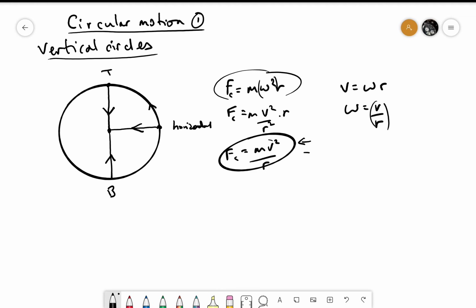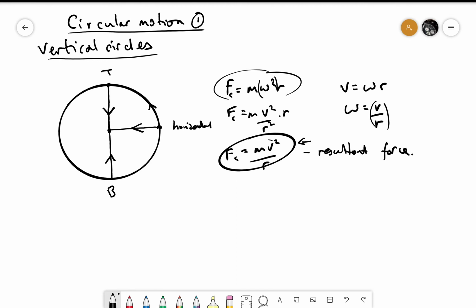This is the resultant force, and so our resultant force is always acting towards the centre of the circle given by these arrows, and so we have to consider all of the forces acting to make up this resultant force. Now clearly there's a tension force when you're pulling on the string to make this object go in a circle, but also there's the weight force of the actual object itself.